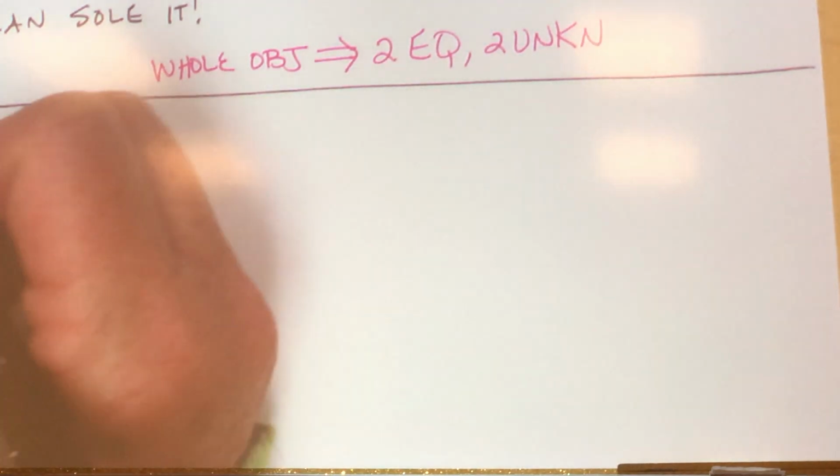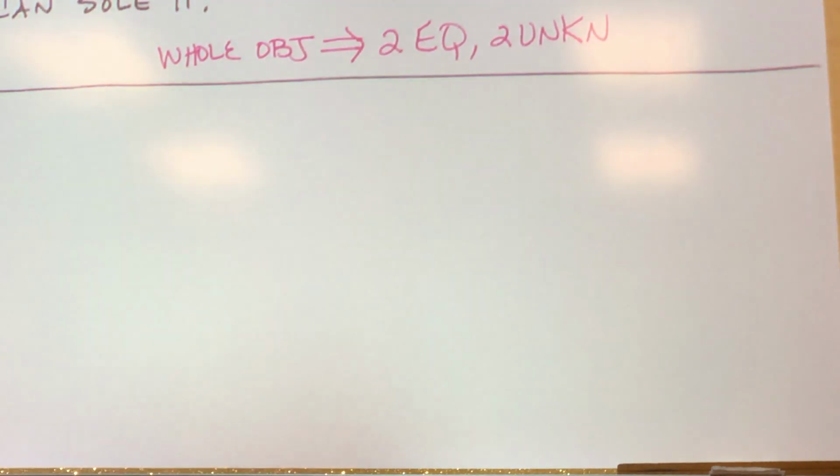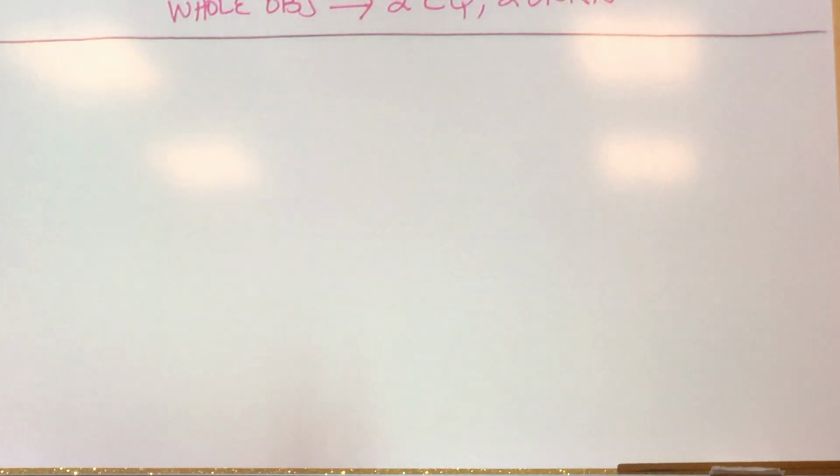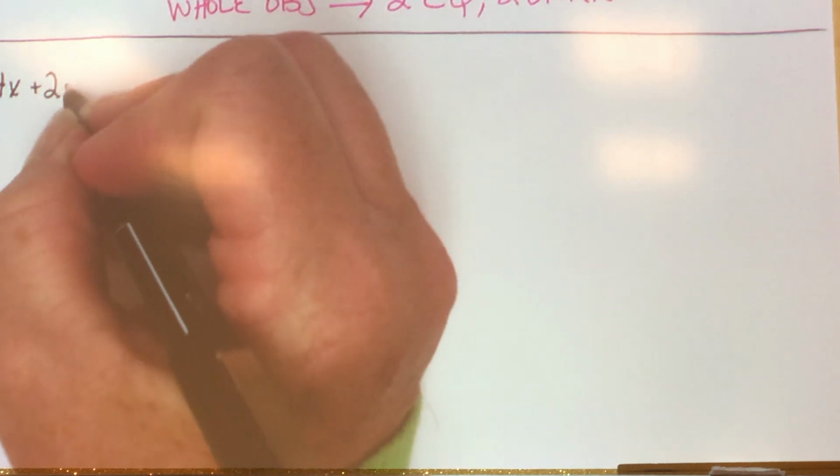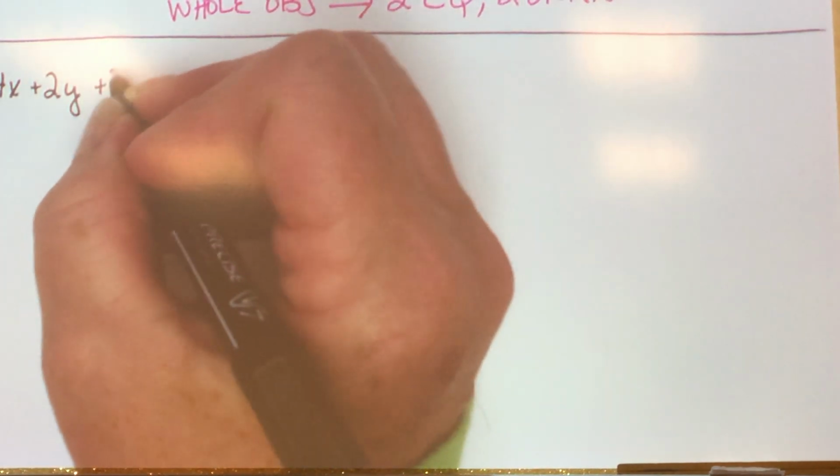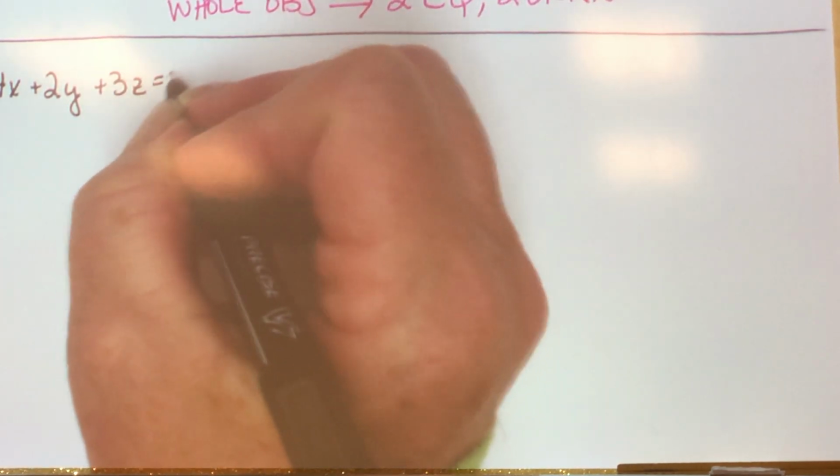Example 1. So, example 1, I'm going to call them out. If you'll write them down when I call them out, it's a whole lot easier than looking up and back down again, okay? So I'm fixing to call out 3 equations with 3 unknowns. Are you ready? Here's the first one. 4x plus 2y plus 3z equals 1.